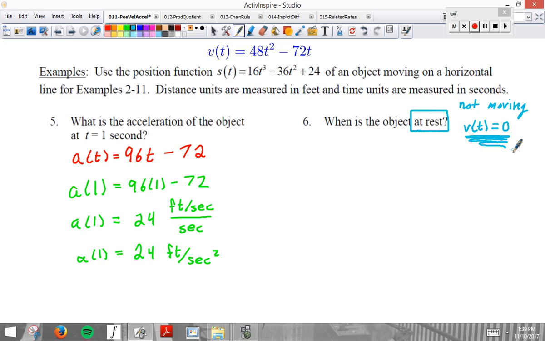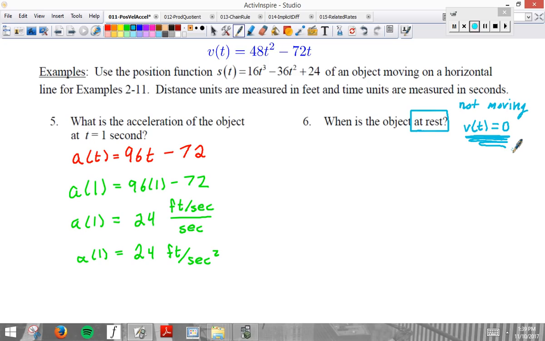But acceleration is about how movement is changing. So while this is weird, you can be hurtling through space at 1,000,000 miles per second and have a 0 acceleration. It just means you're not accelerating currently, you're still moving.